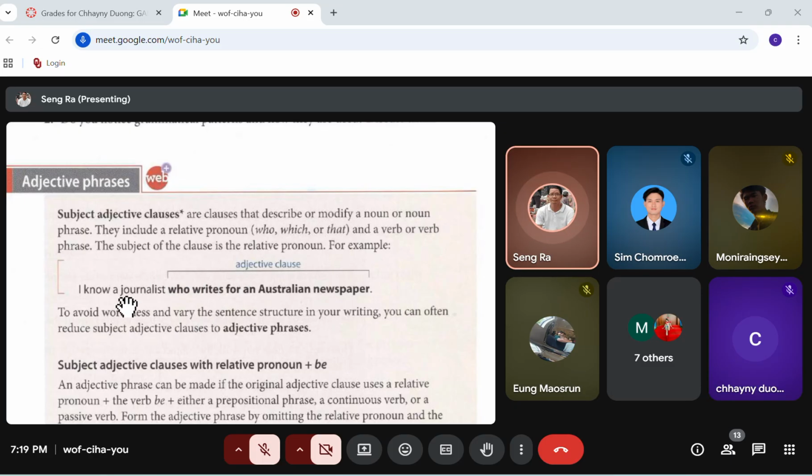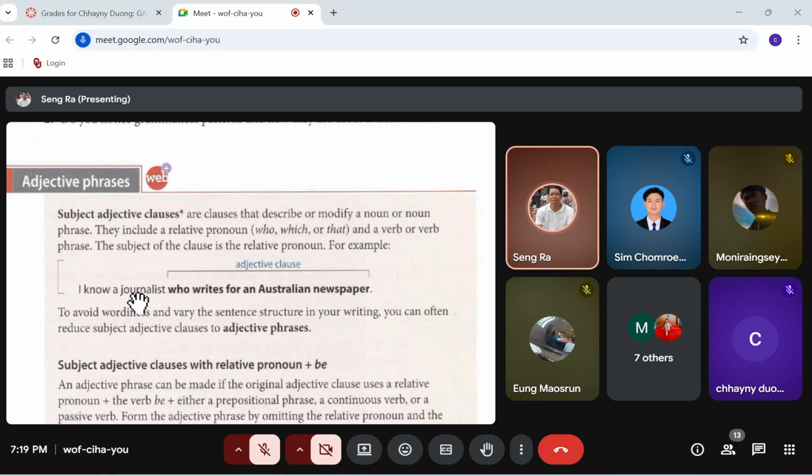The journalist is technically called the antecedent, the noun to be modified by the adjective clause who writes for an Australian newspaper. So, who writes for an Australian newspaper modifies journalist. I know a journalist.